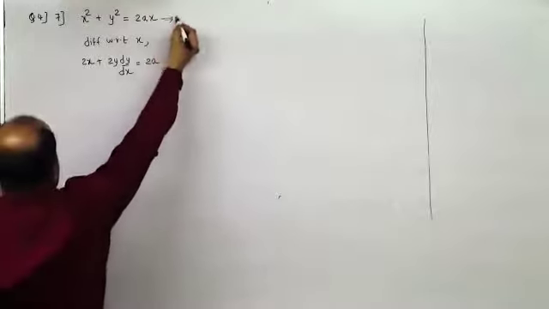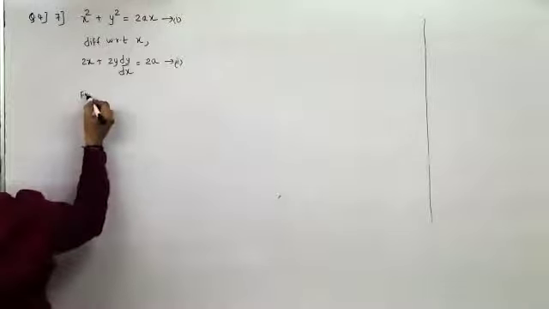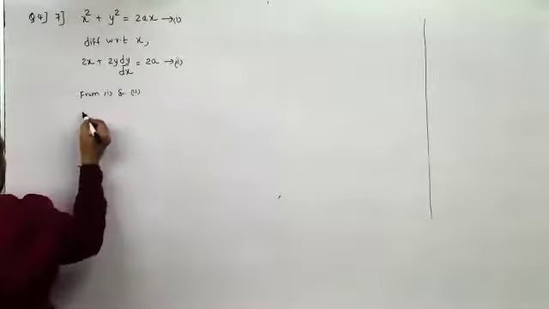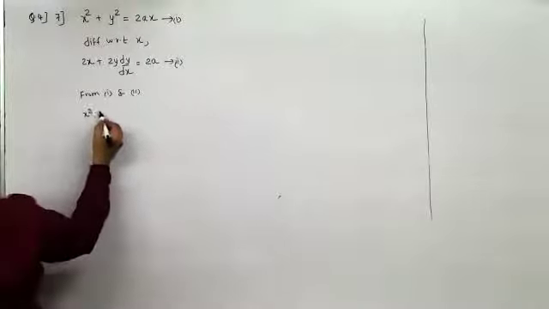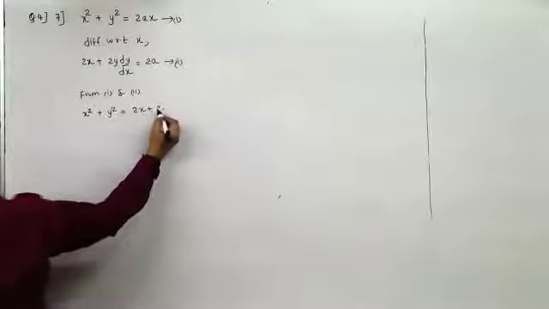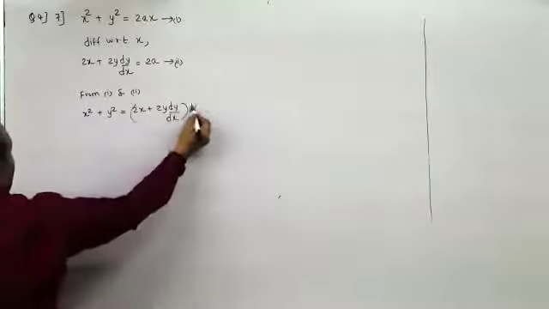Now you can differentiate only once. So you will substitute 2a in the first one. From 1 and 2, we get x square plus y square equal to, what is 2a here? 2x plus 2y dy by dx into x.